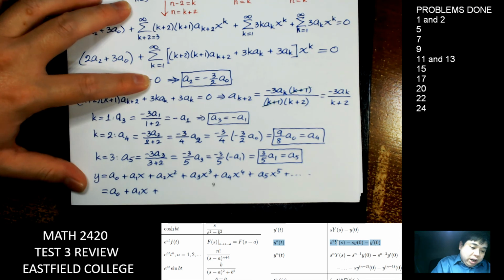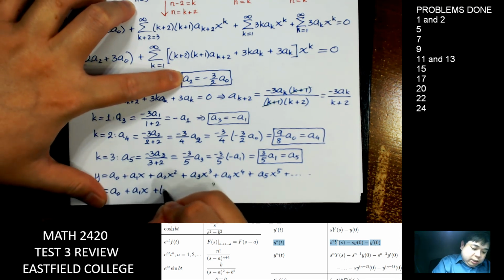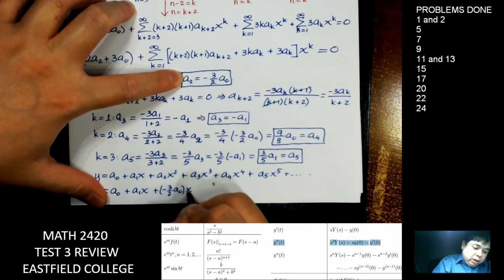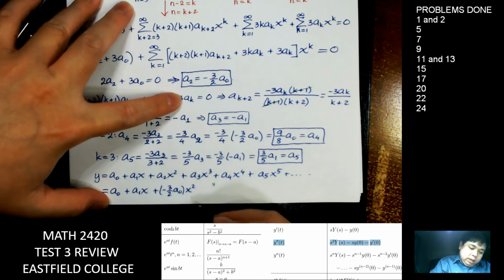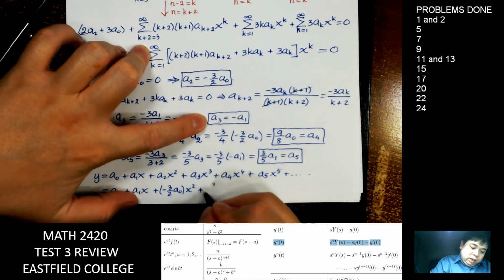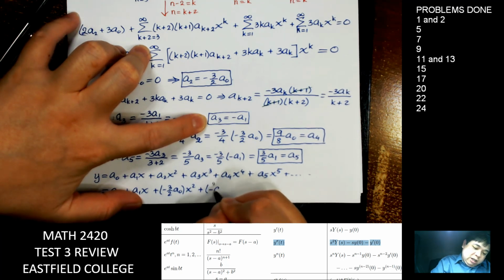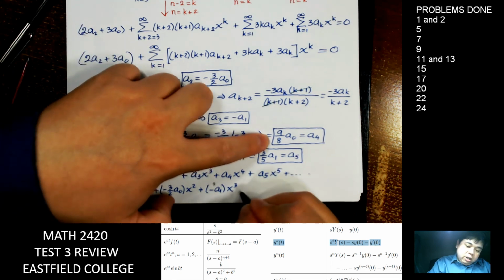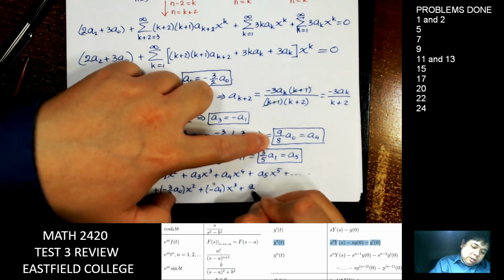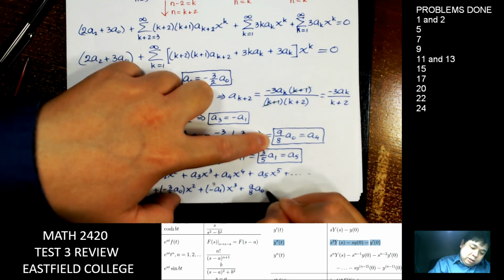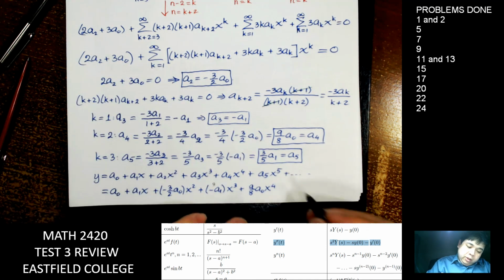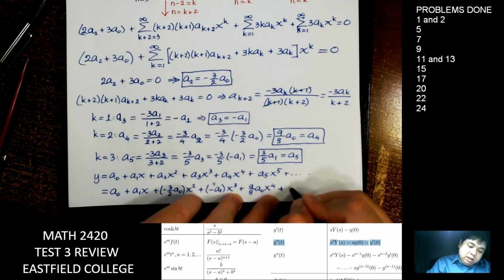A2, we do know a2, negative 3 half a naught x squared. We do know a3, negative a1 x cubed. A4 is this, and a5 is this.